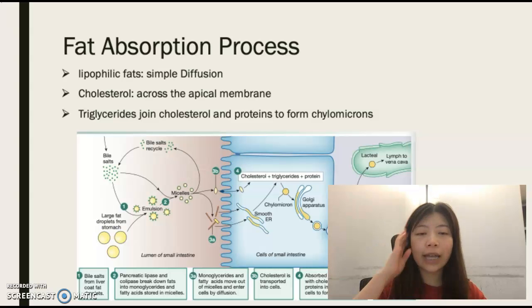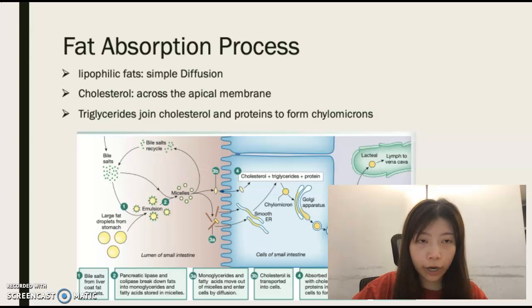Additionally, lipophilic fats such as fatty acids and monoglycerides are absorbed primarily by simple diffusion. They move out of their micelles and diffuse across the intestinal membrane into the cell. Once the monoglycerides and fatty acids are inside the intestinal cells, they move to the smooth endoplasmic reticulum, where they can recombine into triglycerides.